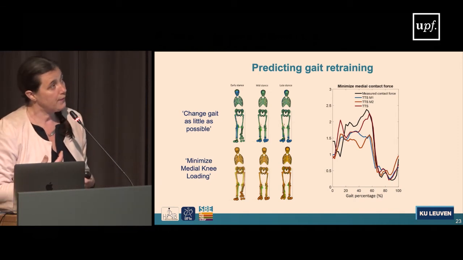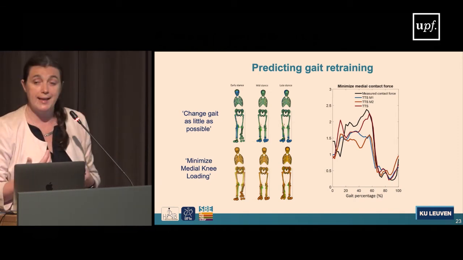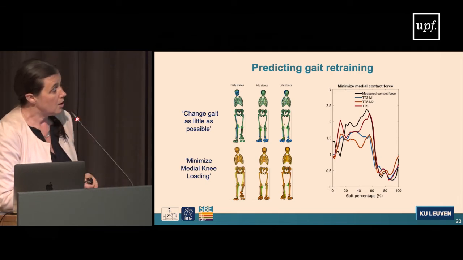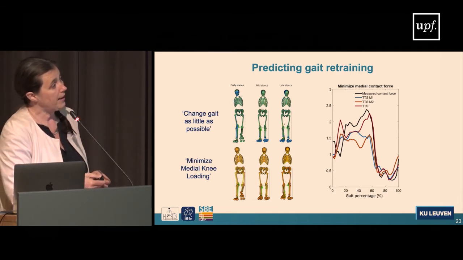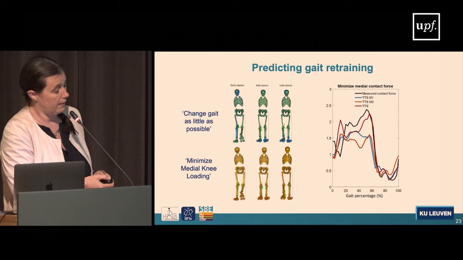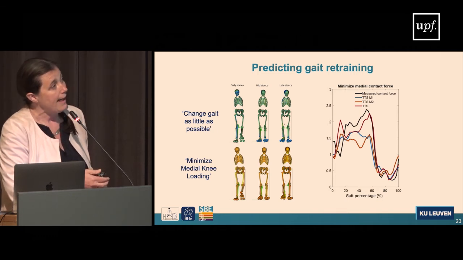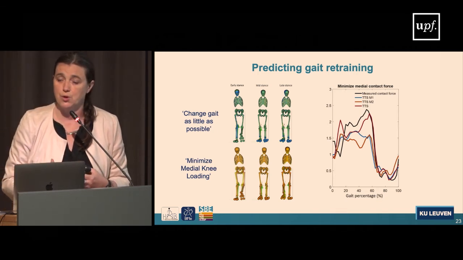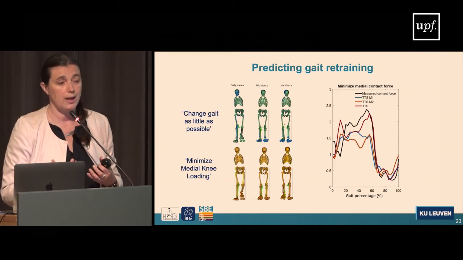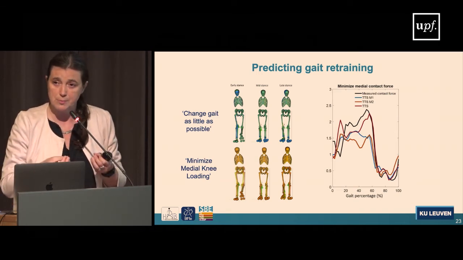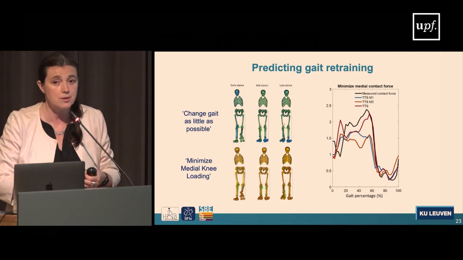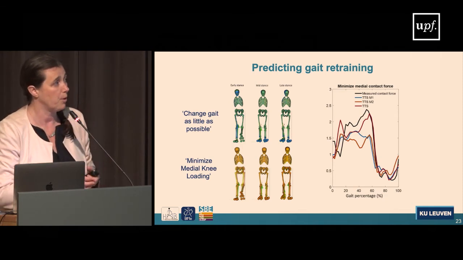We can also think of using this for gait retraining for knee osteoarthritis patients, because we can now start from the gait pattern of a patient indicated by the black line here, and then we can let the model find strategies to unload the joint. And we can even say, okay, now you try to stay as close as possible to the patient's own walking pattern, but still reduce the loading in the medial compartment.